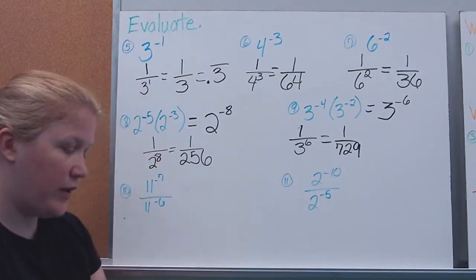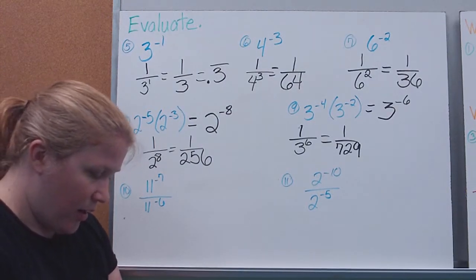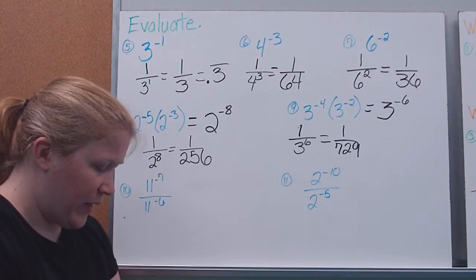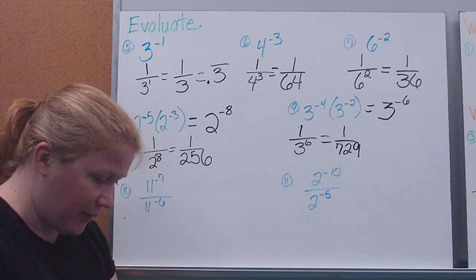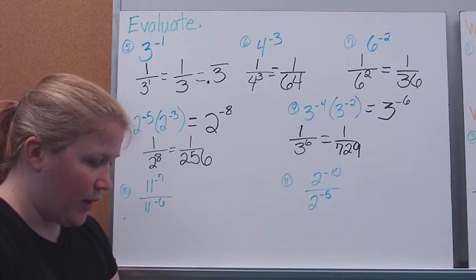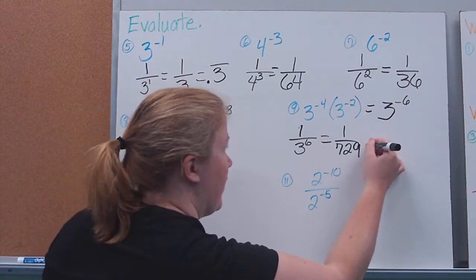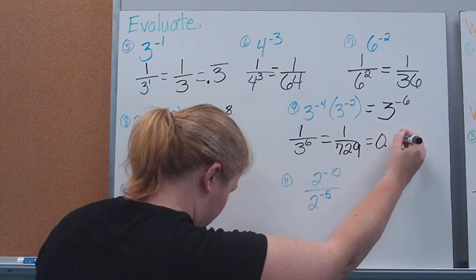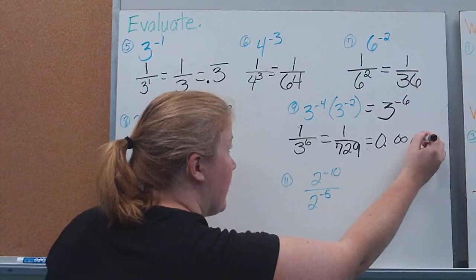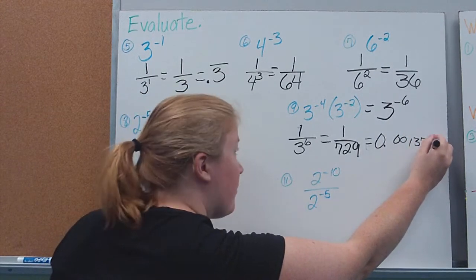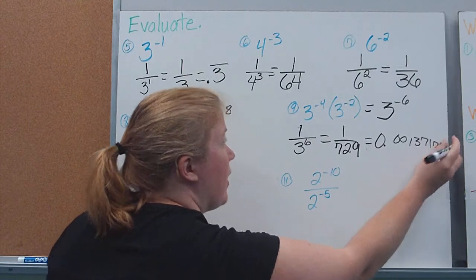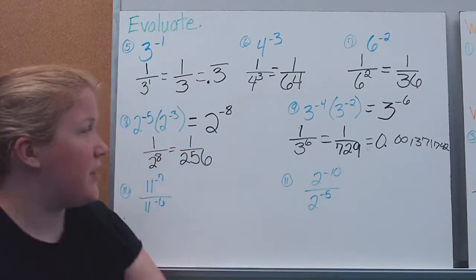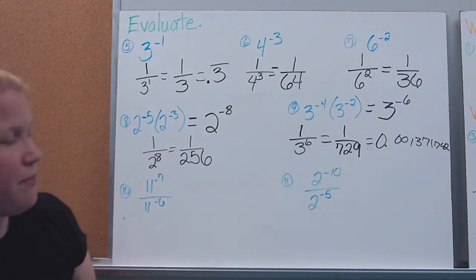So it would be 1 over 729, or if we wanted to express that as a decimal, we could. And if I use the calculator, I wind up with a rather long decimal. Barely fits on my board. But remember, if you're changing fractions to decimals, divide the top and the bottom.